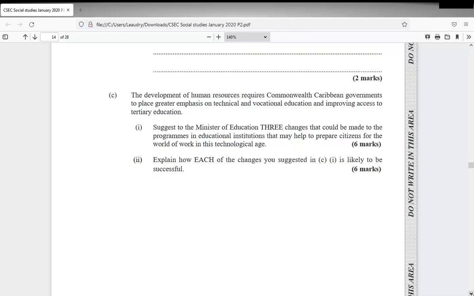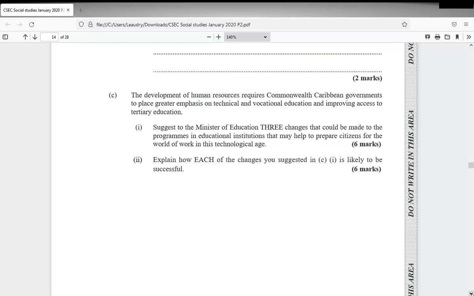Suggest to the Minister of Education 3 changes that could be made to the programs in educational institutions that may help to prepare citizens for the world of work in this technological age. And you are asked to explain how each of the changes you suggested in C1 is likely to be successful.